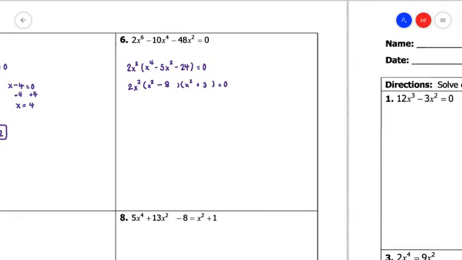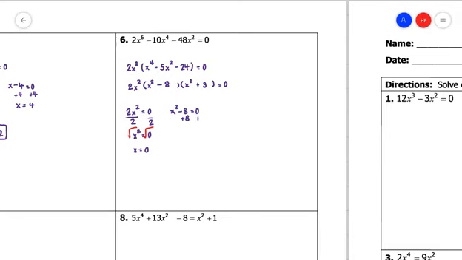x squared minus 8. 8 is not a perfect square. x squared plus 3. 3 is not a perfect square, and that is a sum. So we're not going to factor any further. But we are going to set each one equal to 0 and solve. So x is equal to 0. x squared minus 8 equals 0.